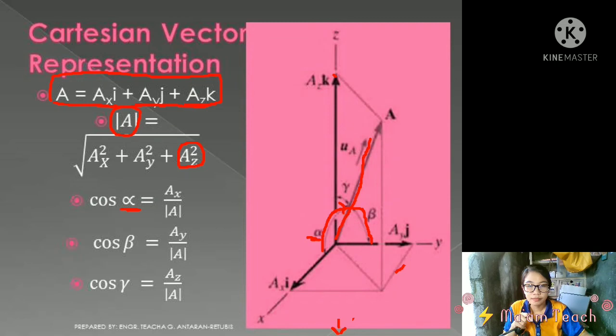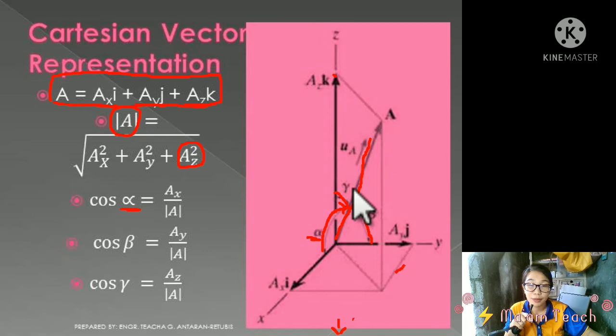Now, for the direction of the z-axis, we represent it by, I forgot what kind of Greek letter this is, gamma. Yeah, it's gamma. If you want to describe your vector A from the z-axis, the angle is gamma.